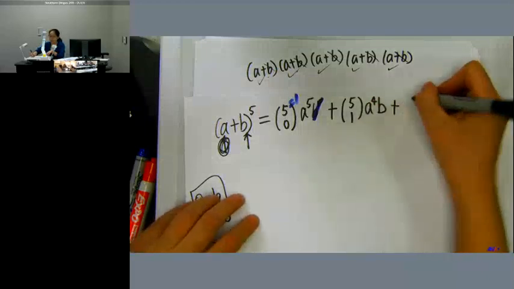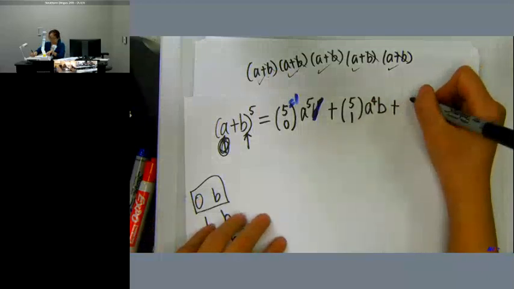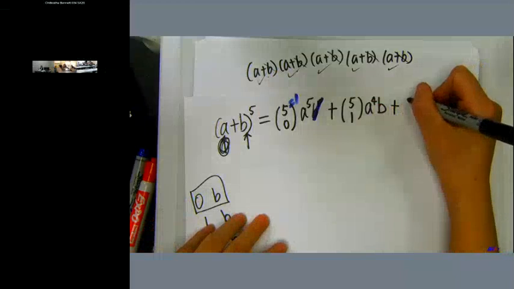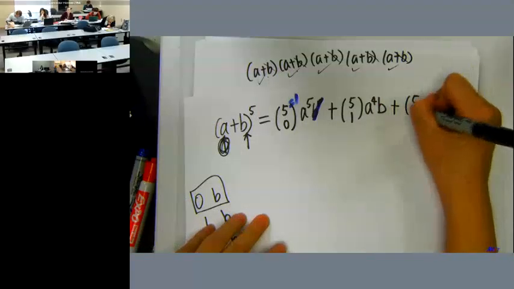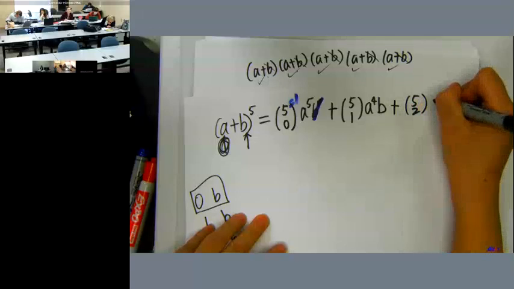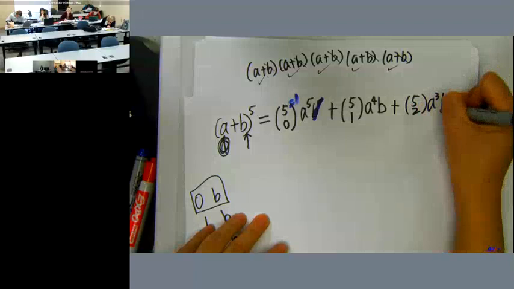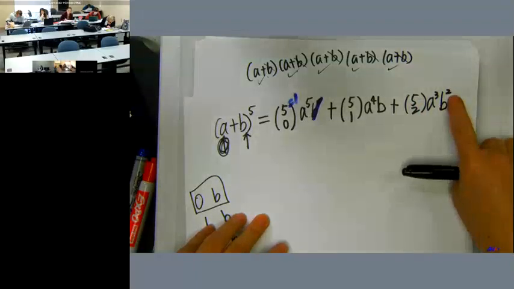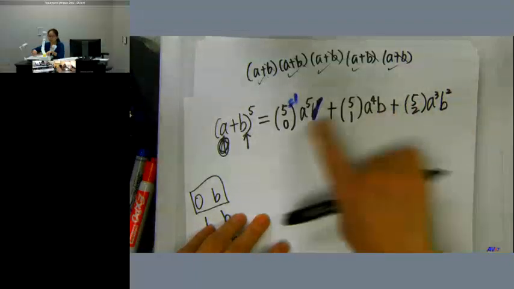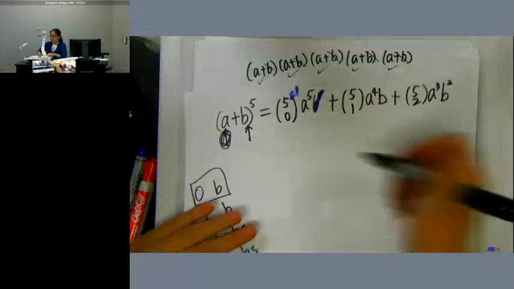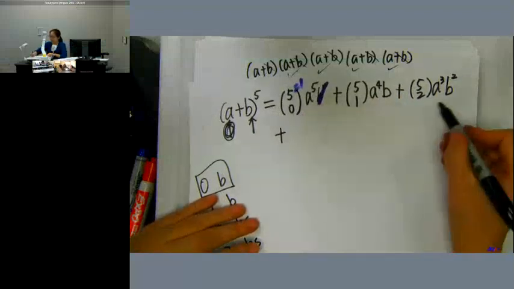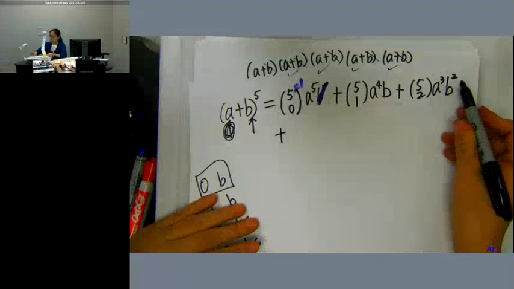Now, what's the next term? 5 choose 2 times A to the third, B squared. Yes. Okay. So you increase the number of B's by decreasing the number of A's. All right. Next one will be 2 A's, 3 B's.